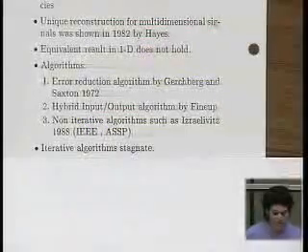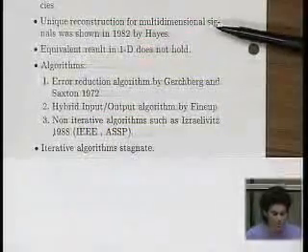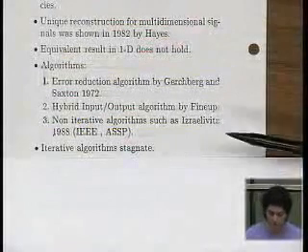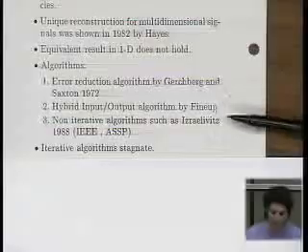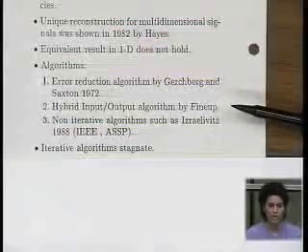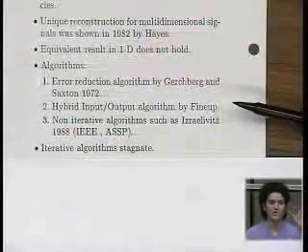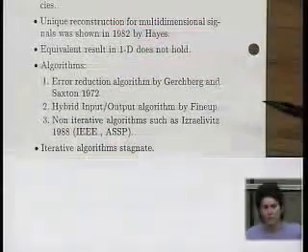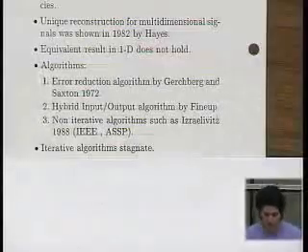However, even though mathematically Hayes showed that you can do unique reconstruction, from a practical point of view, all of these techniques and non-iterative techniques could only be applied to small signals. That means signals with a small region of support. I don't know, 10 by 10, 20 by 20, but not 512 by 512.